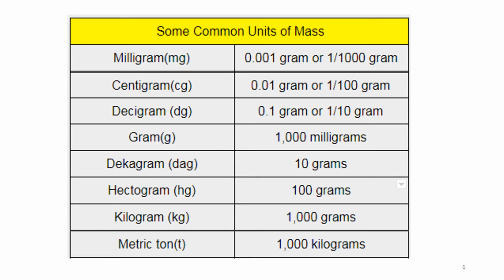Some common units of mass. তো ফ্রেন্ডস, তোমাদের একটা চার্ট দেওয়া হয়েছে এখানে, আমি এটা একটু পড়ছি। Milligram 0.001 gram or 1/1000 gram. Centigram 0.01 gram or 1/100 gram.